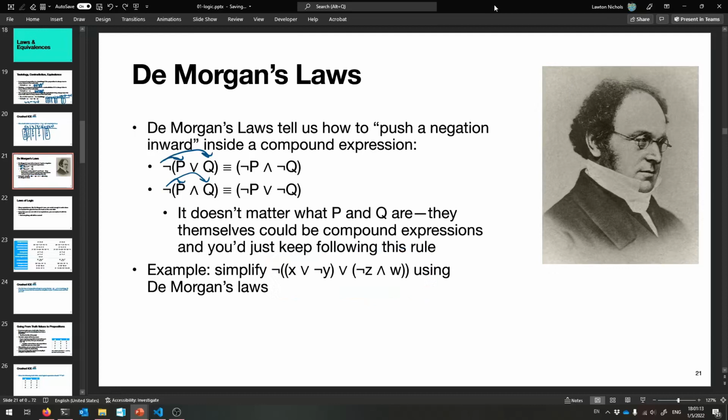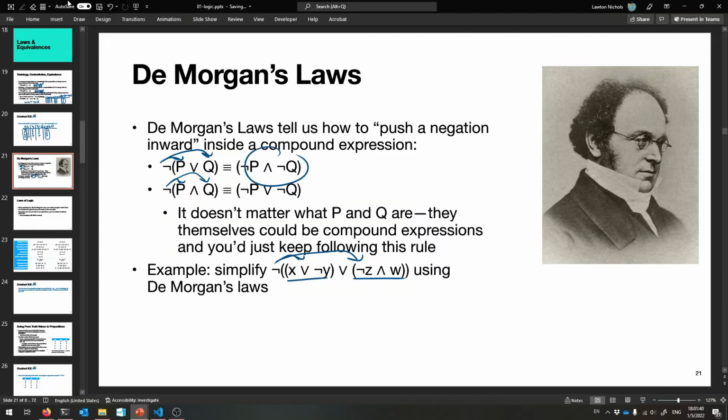So here is a negation, and it's negating all this big giant thing, and that's really ugly. So let's push the negation inside to both of the parts. It's this ORed with this right now. Let's push the negation inside using De Morgan's laws. We're going to use the law that tells us how to push inside of an OR, so this first one. So what you do is you negate both of these, and you flip the OR to an AND.